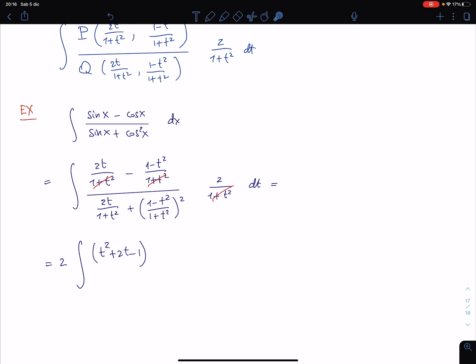you have to consider that there is a common denominator, 1 plus t squared to the square, so here 1 plus t squared to the square, and here you have 2t times 1 plus t squared plus 1 minus t squared to the square.